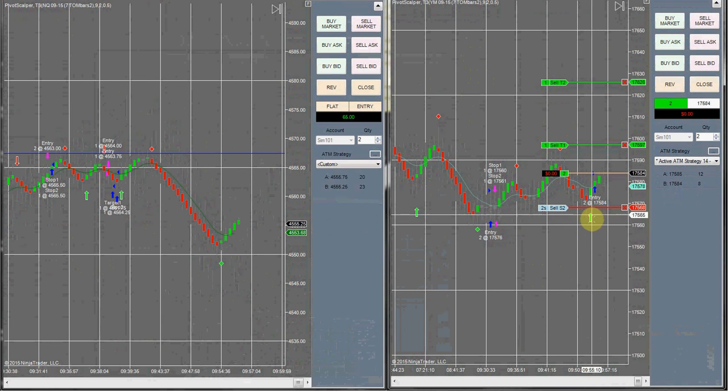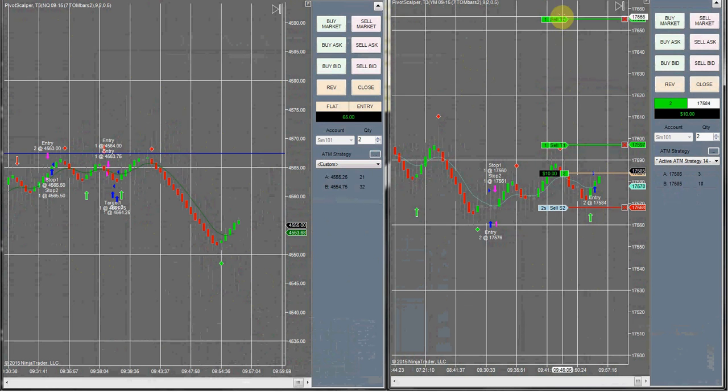And you can also see here that green arrow. It's not switching back and forth, staying green the way it should be. We hit that first profit target, we'll let the second one run.